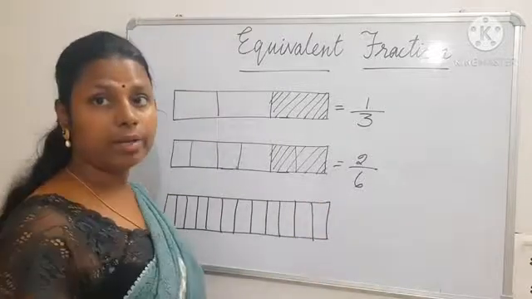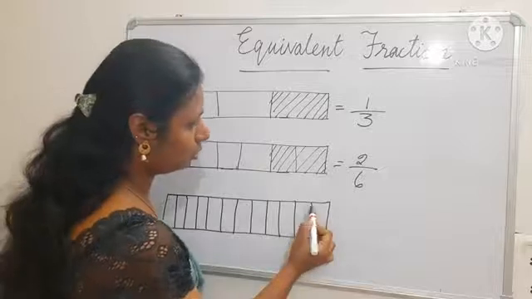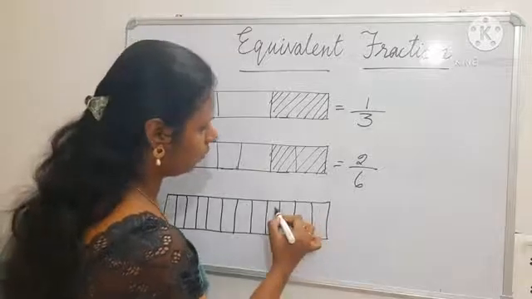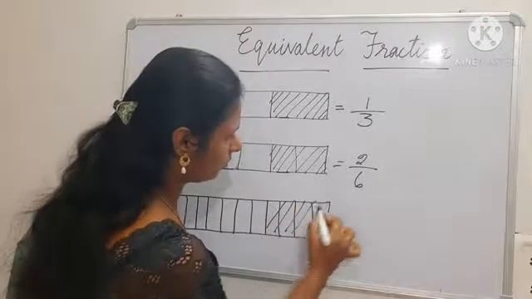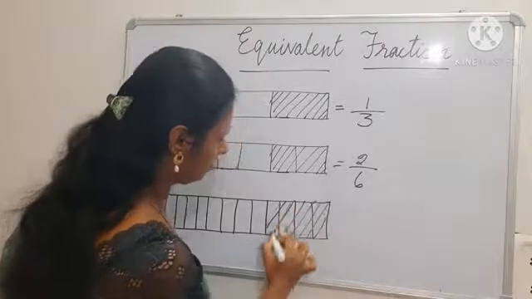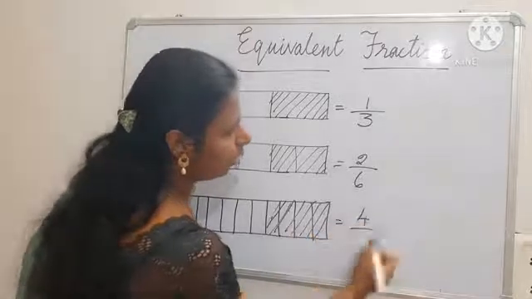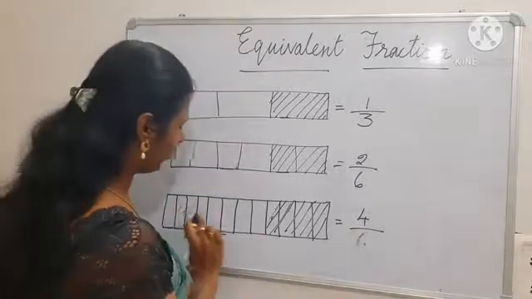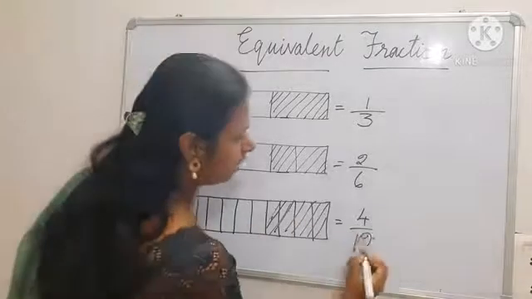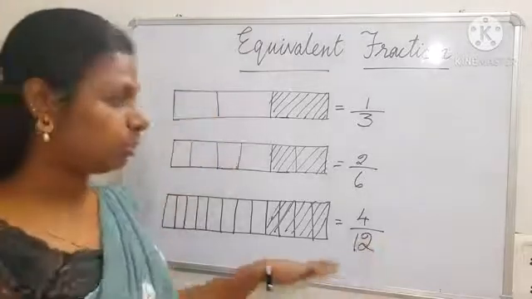I have divided it into 12 parts. Now I am going to shade 4 parts. 1, 2, 3, 4. Now the shaded part is 4 and the total number of parts, 1, 2, 3, 4, 5, 6, 7, 8, 12. Total number of parts is 12.